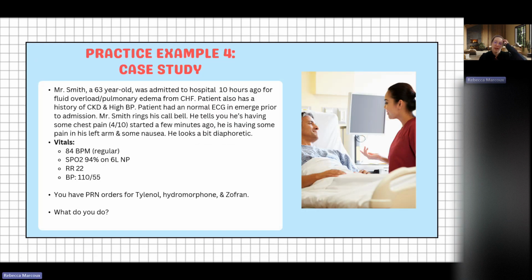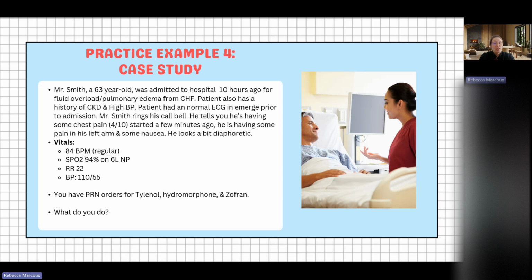Okay, and this is our last case study. Mr. Smith is 63 years old, admitted to hospital 10 hours ago for fluid overload and pulmonary edema from CHF, congestive heart failure. Patient also has a history of chronic kidney disease and hypertension.